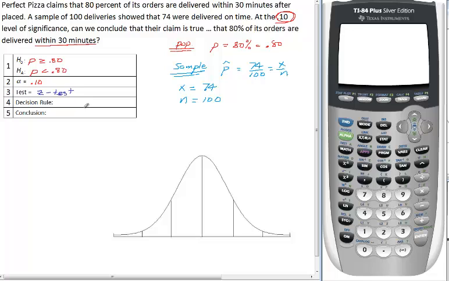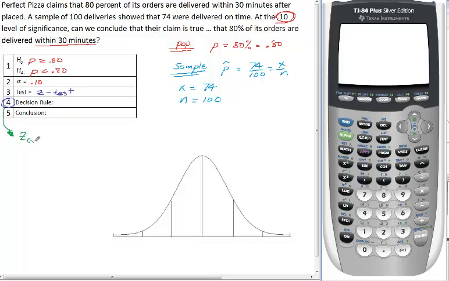Now the decision rule. How are we going to find that? Well, let's look down here for step 4. Let's go down here a bit and do some work on the decision rule. What is our decision rule? First of all, we need to know our critical value.